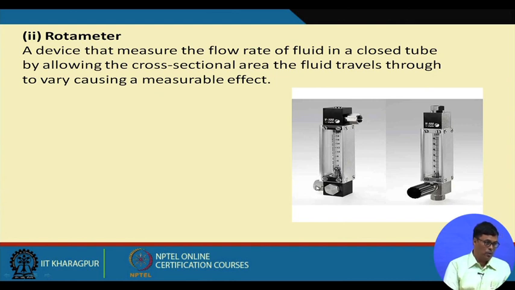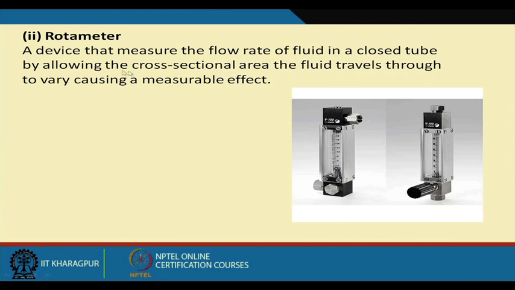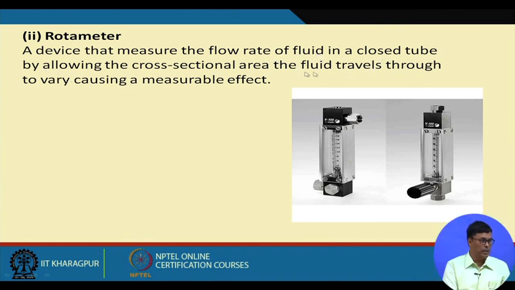You can see when air comes here, as your flow rate increases, this ball will float more. It will go up and up. It is a device that measures the flow rate of fluid in a closed tube by allowing the cross-section area of the fluid travel to vary, causing a measurable effect.